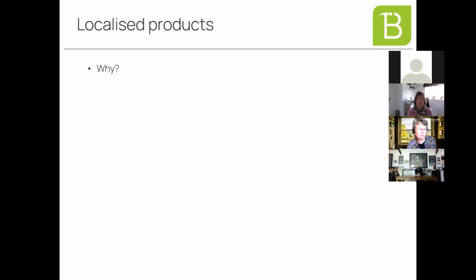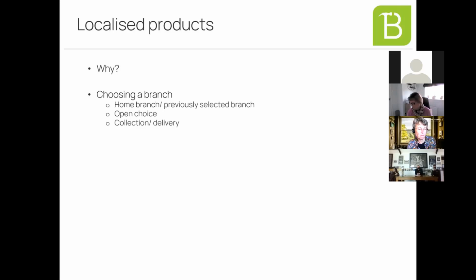There are three main scenarios that are driving this. If I was a trade customer and I've logged onto the website, it can either pull my home branch details from Counteract, and that will then display the products at that home branch for me, or it can pull from a previously selected branch, or it can be a completely open choice where the customer can switch between different branches, or it can be driven by whether the customer will be collecting or getting the goods delivered.